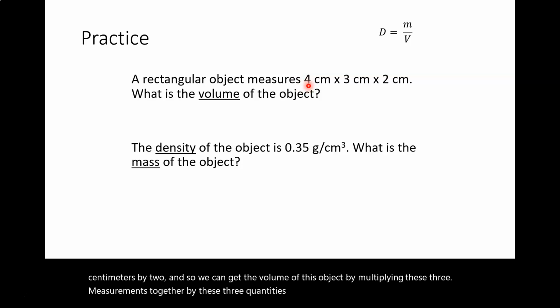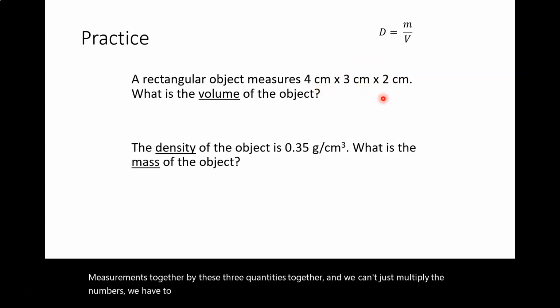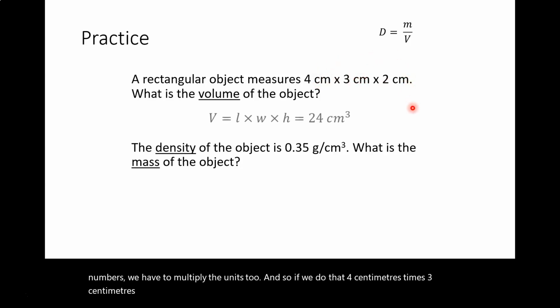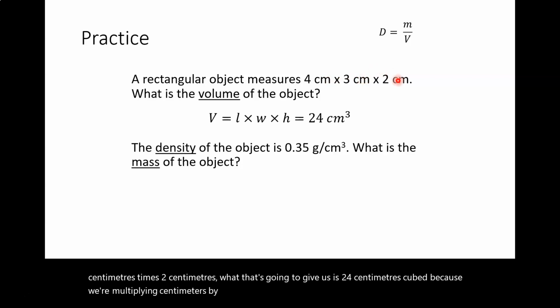And we can't just multiply the numbers, we have to multiply the units too. So if we do that, 4 centimeters times 3 centimeters times 2 centimeters, what that's going to give us is 24 centimeters cubed, because we're multiplying centimeters by itself 3 times. So centimeters cubed.